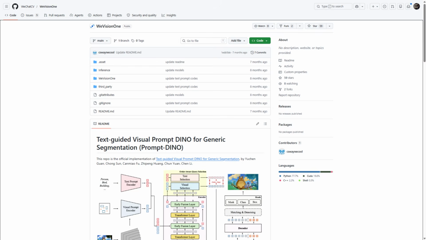Next one, WeVision 1. This one is from WeChat, but the amount of stars on GitHub is just 2 times more than the previous solution, and it's 50.